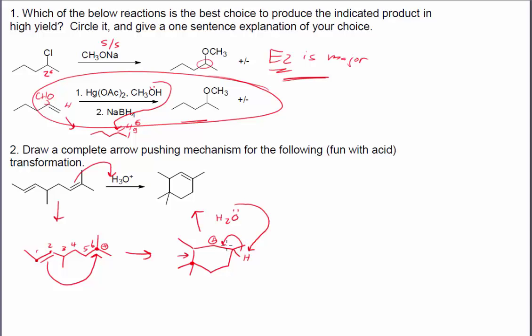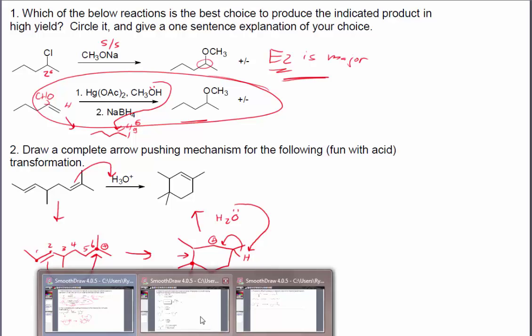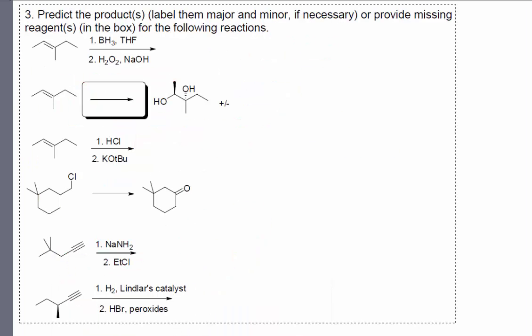Either way can get us to the product here. So 3 steps: proton transfer, nucleophilic attack, followed by another proton transfer, can do the ring closing. And see here we have an intramolecular nucleophilic attack, and that involves forming a bond from one end of the molecule to the other.